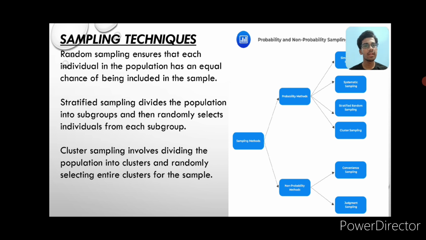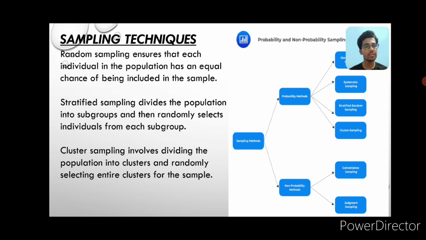Next, sampling techniques. Random sampling ensures that each individual in the population has an equal chance of being included in the sample. Stratified sampling divides the population into subgroups and then randomly selects individuals from each subgroup for testing.